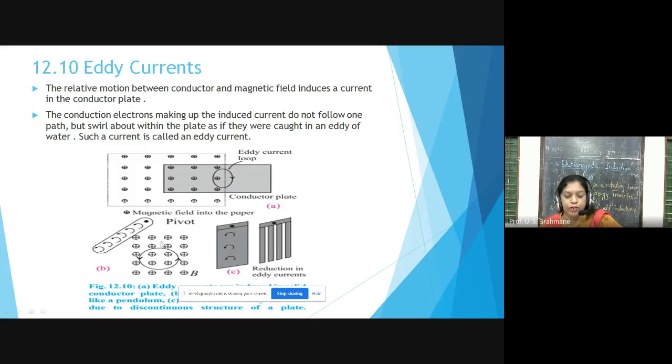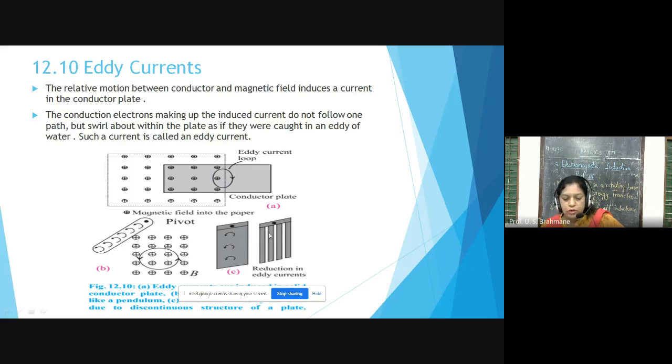At a point, when the total energy is over, it stops. Because it is a plane conductor here, the pendulum doesn't move. But if it is slotted like this, because of the eddy currents, the motion is stopped.